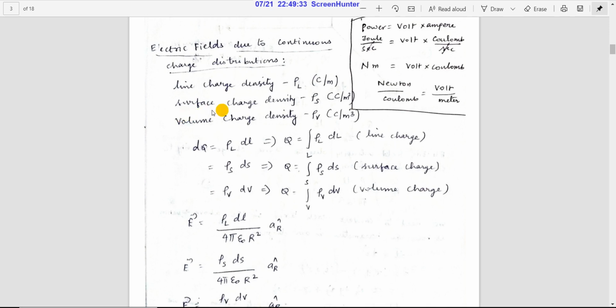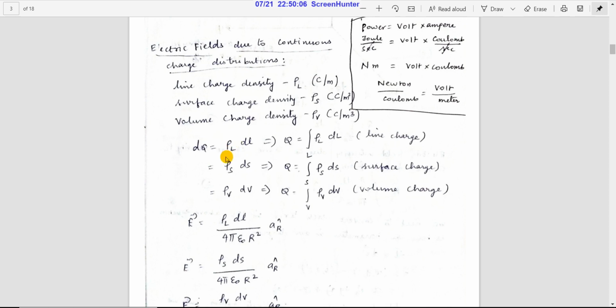But in continuous charge distributions, the charges are distributed over a particular given entity. It can be a line, a surface, or a volume. The line charge density is called rho L, and rho S and rho V for surface and volume charges.